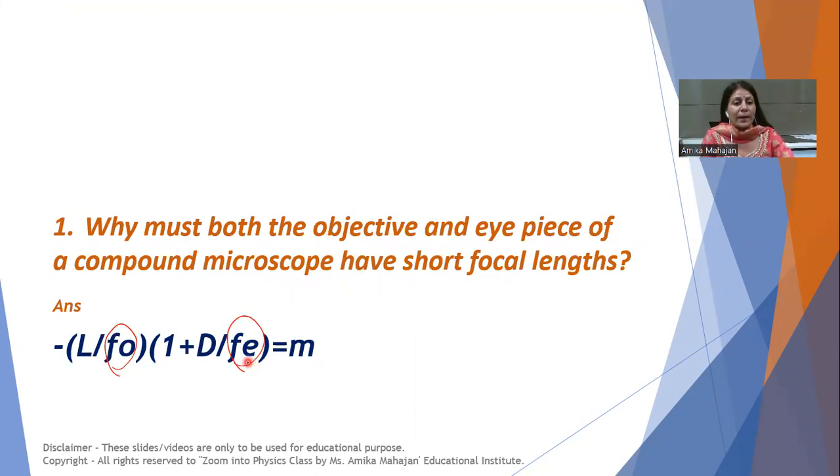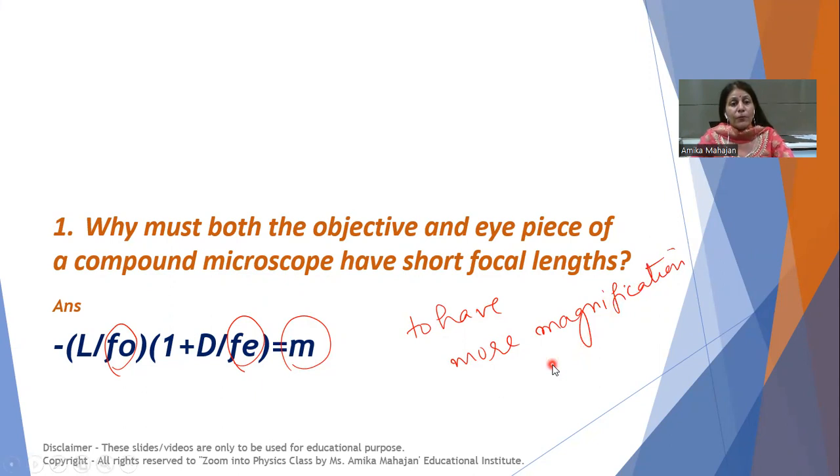Lesser the focal length, more will be magnification. So to have more magnification, the focal lengths are shorter in case of compound microscope. Focal lengths of objective as well as eyepiece are shorter.